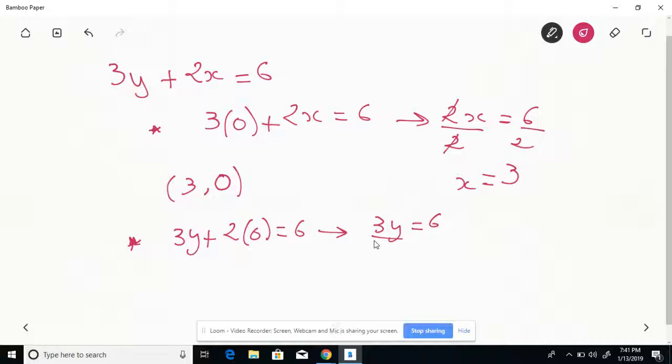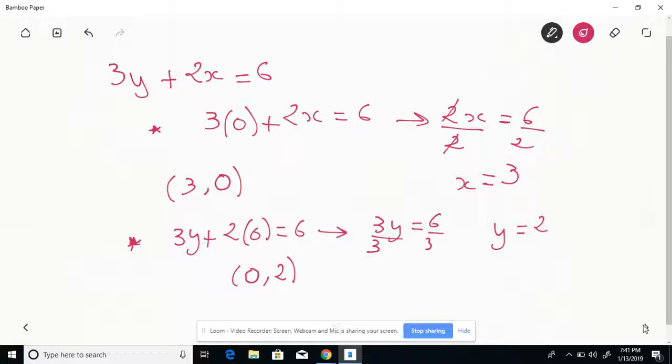We divide both sides by 3, so y equals 2. So the y-intercept has x replaced with 0 and y is 2. The intercepts are 3, 0 and 0, 2.